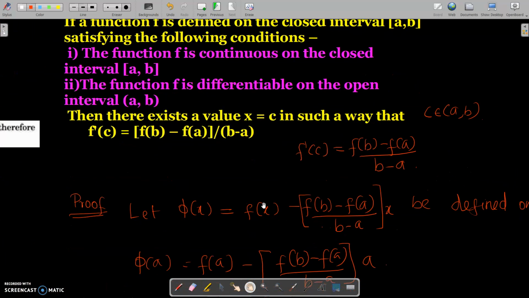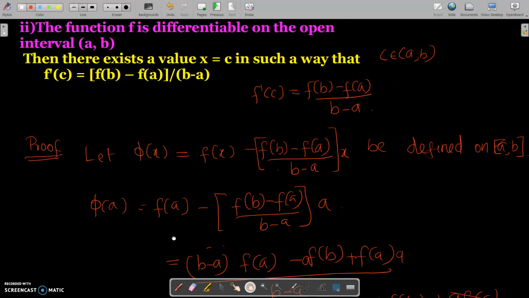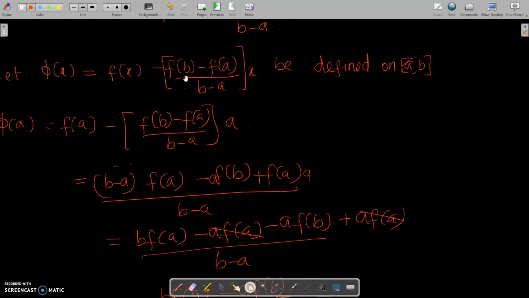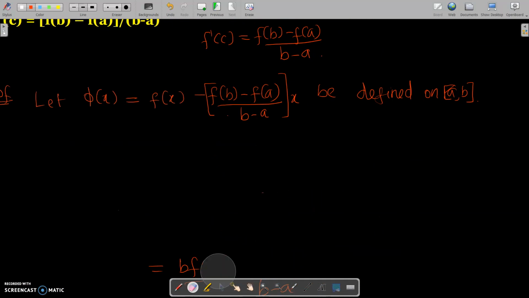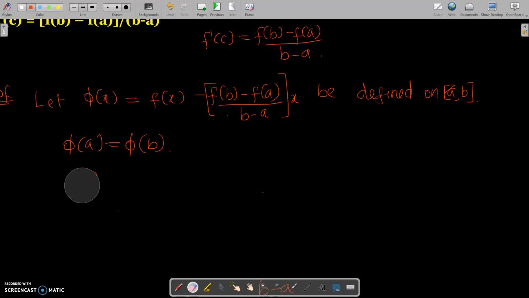From this, phi of a equals phi of b. Also, we have f of x is continuous on the closed interval [a, b].